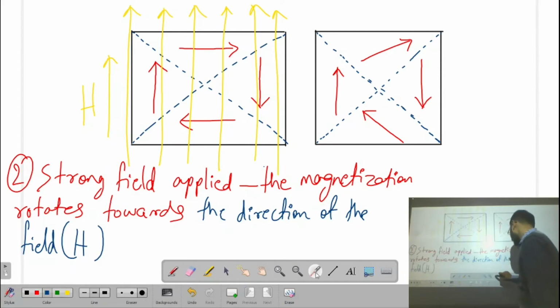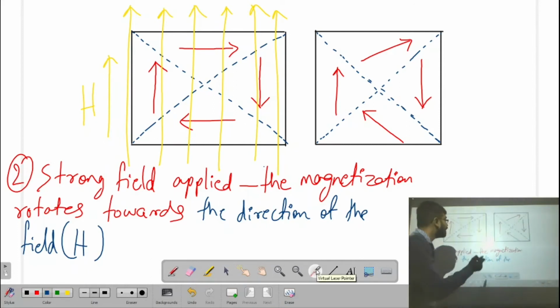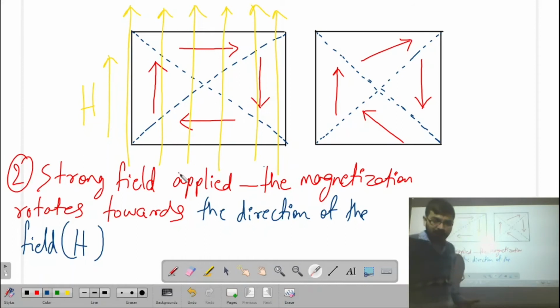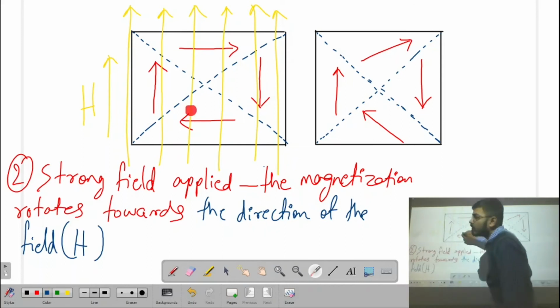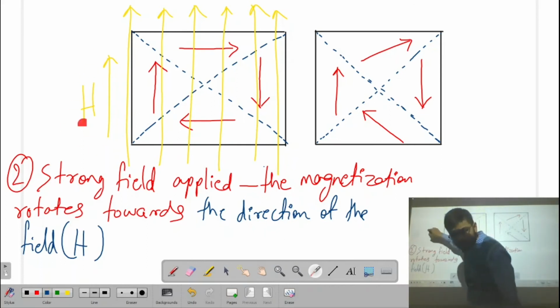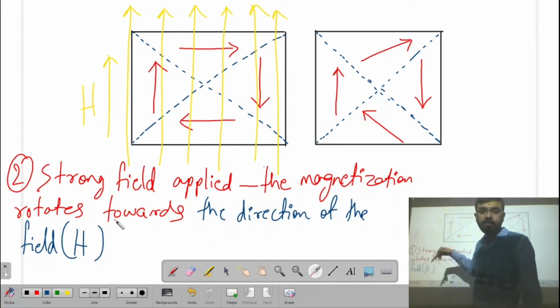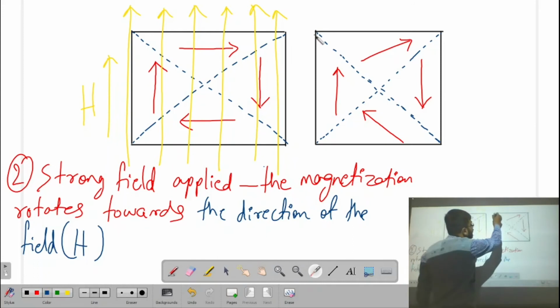So this is what we understood about the domains. Domains are nothing but small parts in a solid, where small pieces are divided into subcategories. Without an external field, the domains arrange themselves in such a way that the net resultant moment will be zero. In the presence of H, it will not be zero. We have two categories of H value: weak H and stronger H. For weak H, we have already seen that it will try to increase the domain size.